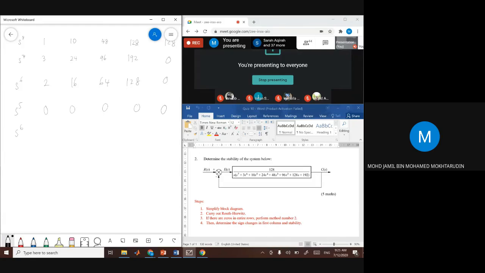So we take the equation P(s) equals, and then differentiate. And then substitute this new polynomial into S5.